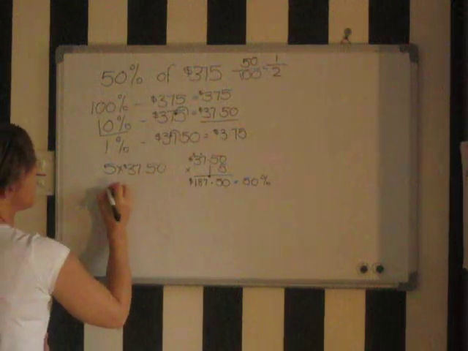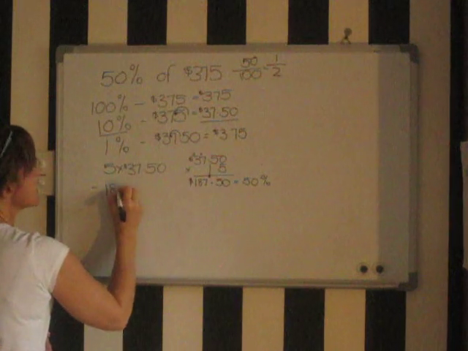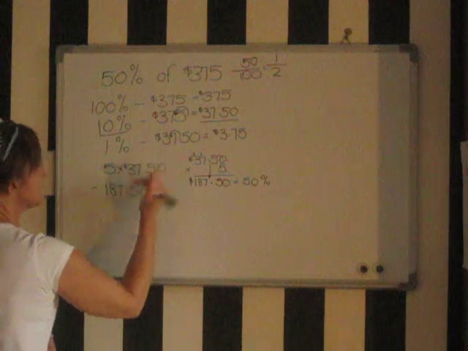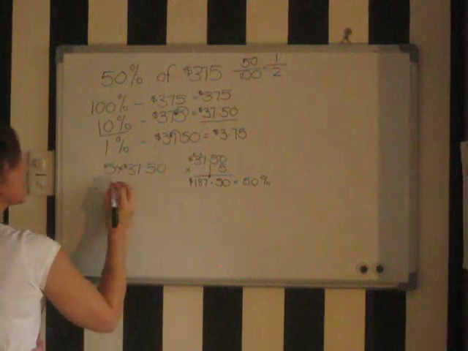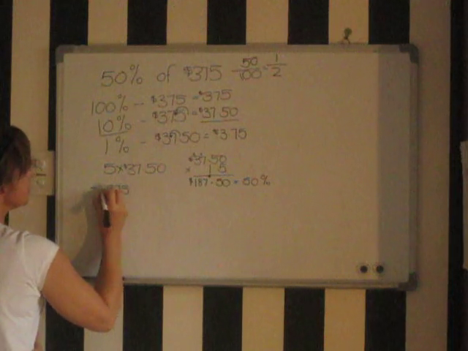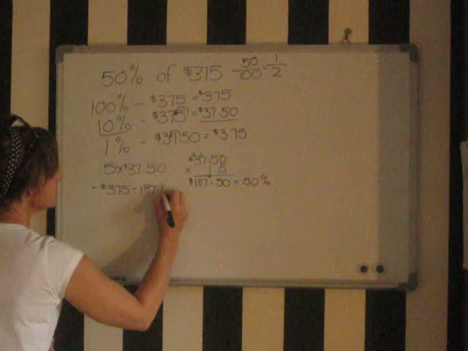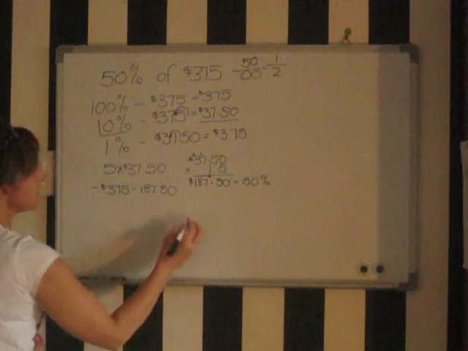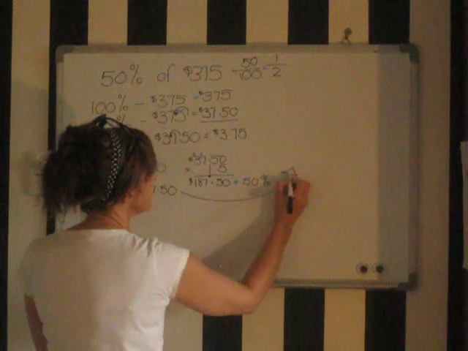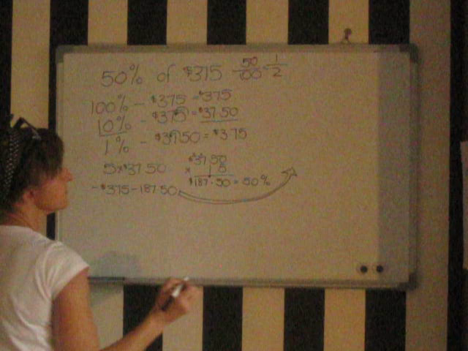So we're going to subtract 187.50. Oh, hang on, let's put that the other way around. So I've got $375 subtract 187.50, which I'm actually going to do over here.